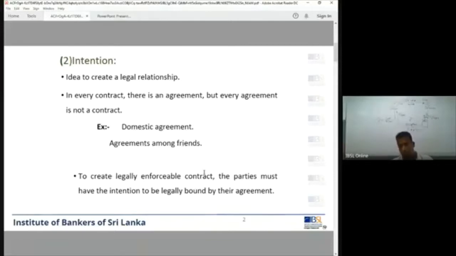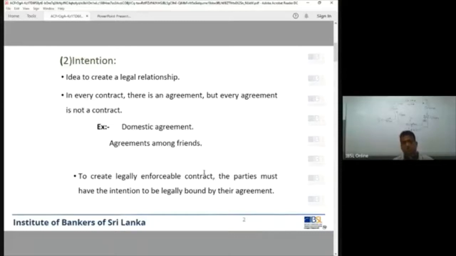Acceptance is the consent of the offeree to the promise. Now, when the offer and the acceptance are made, an agreement is created. What is the second element? The second element is the intention.